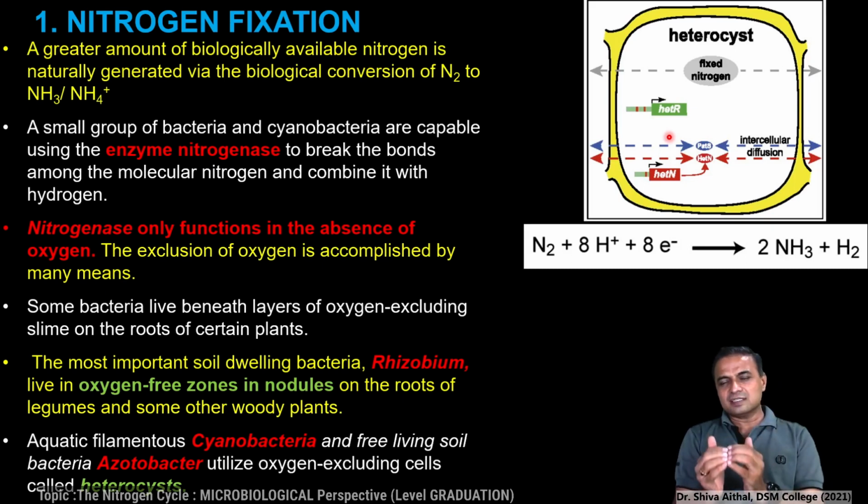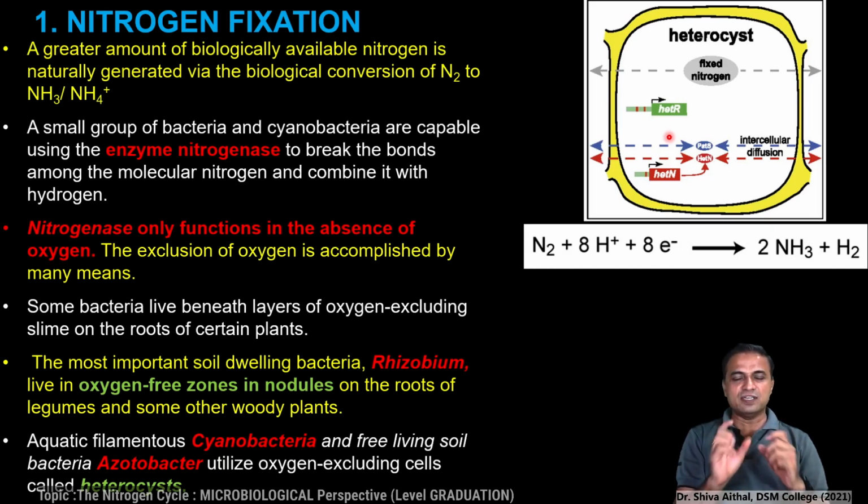So this is handled by the niche or the habitat of the bacteria at the first level. They live beneath the layers of oxygen-excluding slime on the roots of certain plants. If you see Azotobacter, it has a slimy growth. It secretes polysaccharide, and that polysaccharide is nowadays being used to produce bioplastics.